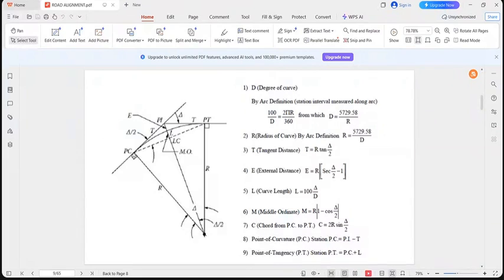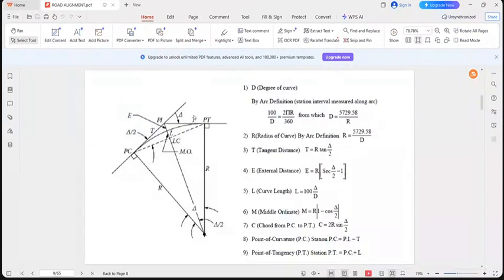So you can see this curve starts at the point PC and ends at PT. Where it starts, it is known as the point of curvature, and it ends at a point known as the point of tangency. And of course, this curve is defined by what we call degree of curve, or degree of curvature.